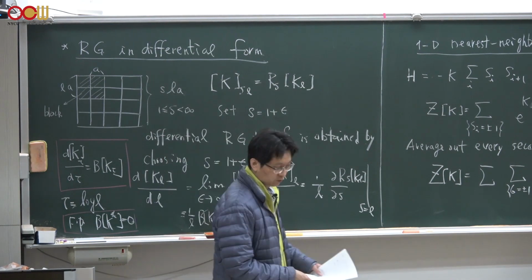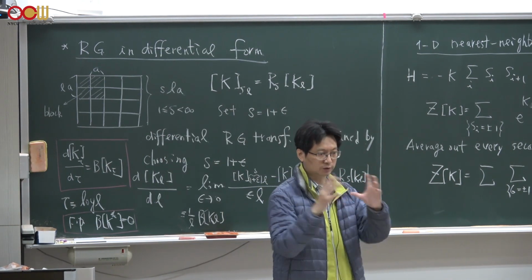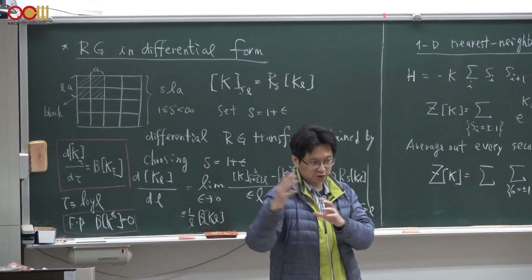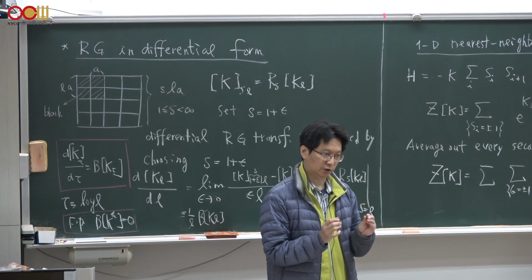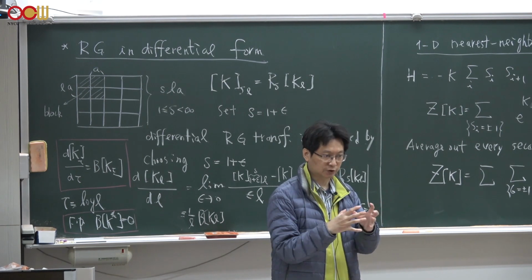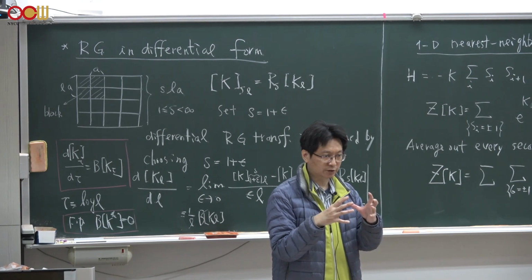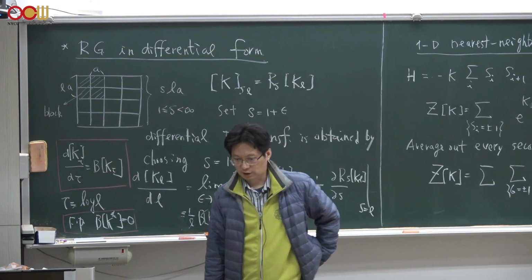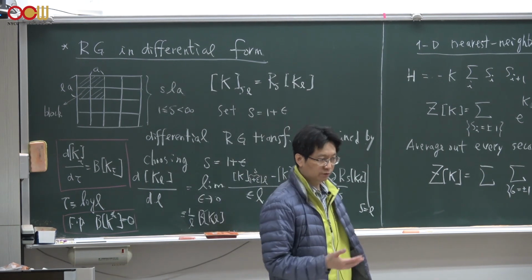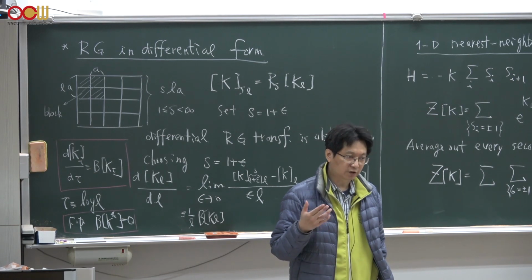In other words, we do not just consider the RG transformation as a very large change, but we consider a very small change in the scale transformations. Namely, imagine that this lattice is expanded just a little bit bigger. In other words, the scale factor b within this differential form of RG transformation is slightly larger than 1.